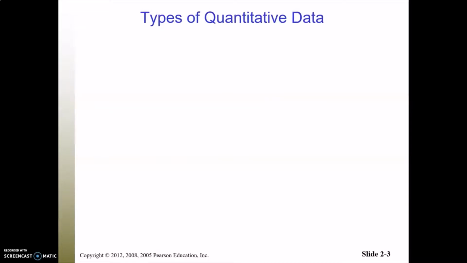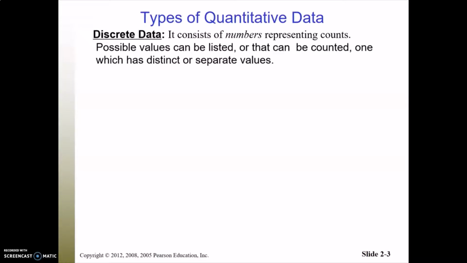Now there are two further types of quantitative data. One is called discrete and the other one is called continuous. Discrete data consists of counts, or possible values that can be listed. To understand discrete data, think of it like this: if the values of the data come into existence as a process of counting, then such data is called discrete data.